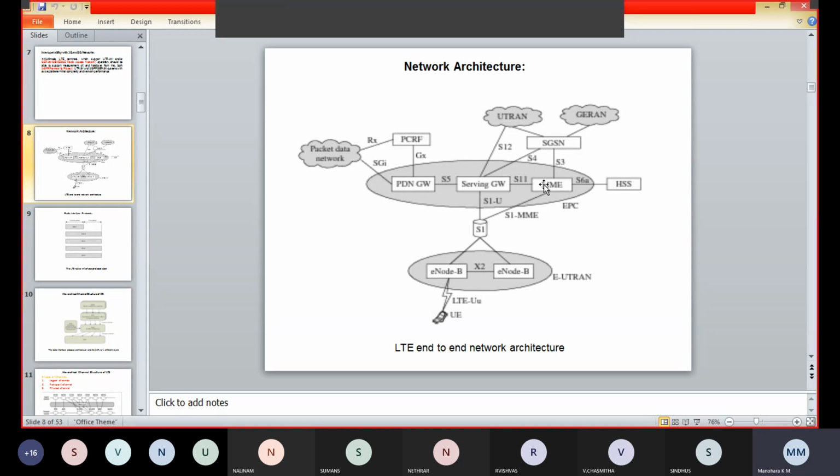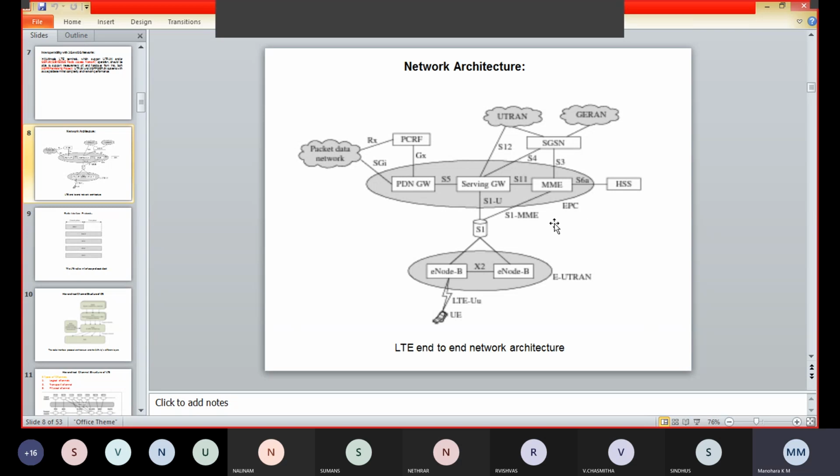S1-U carries the traffic data between the eNode B and the serving gateway. And S1-MME, which you can observe in this line, is a signaling-only interface between the eNode B and the MME.